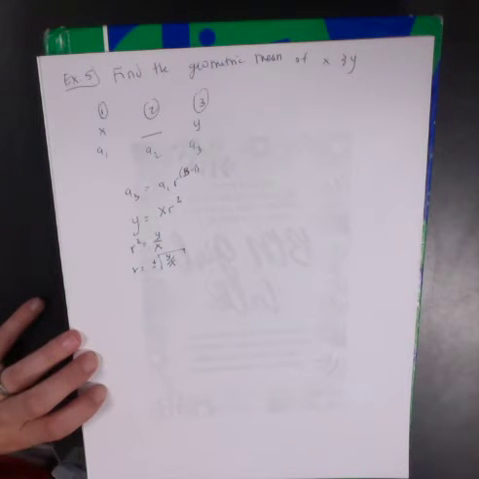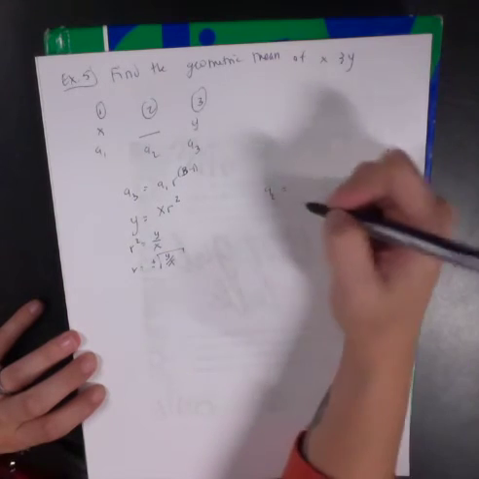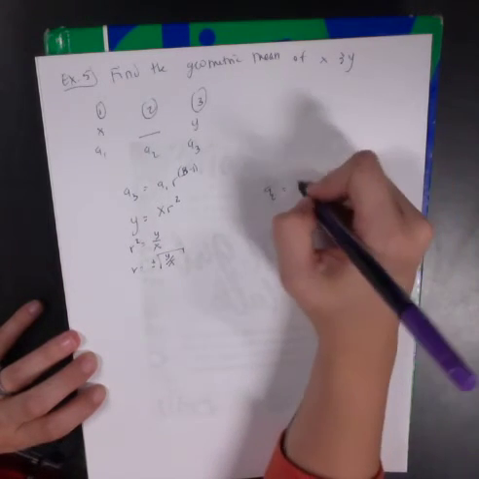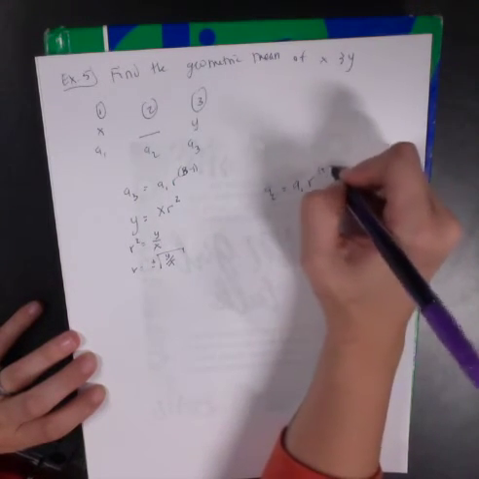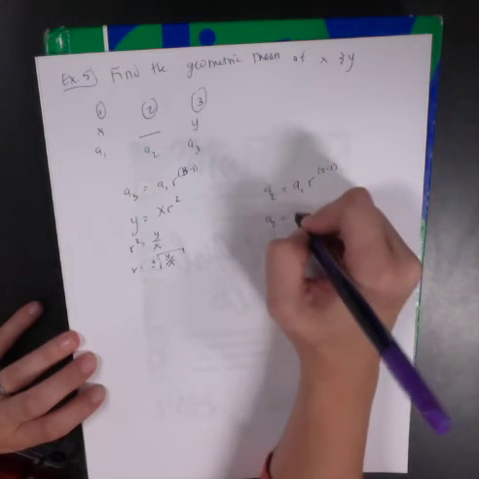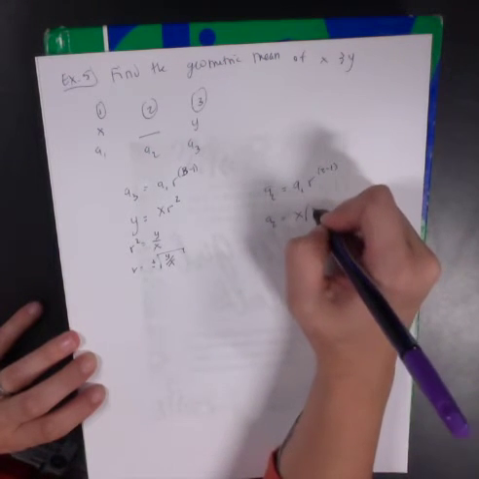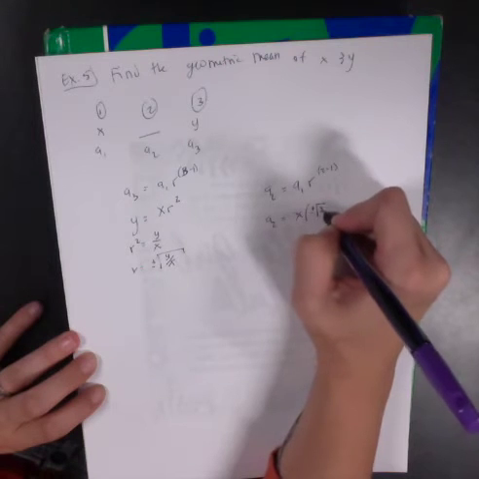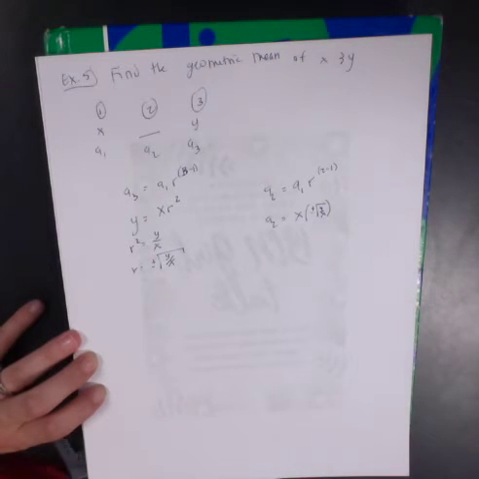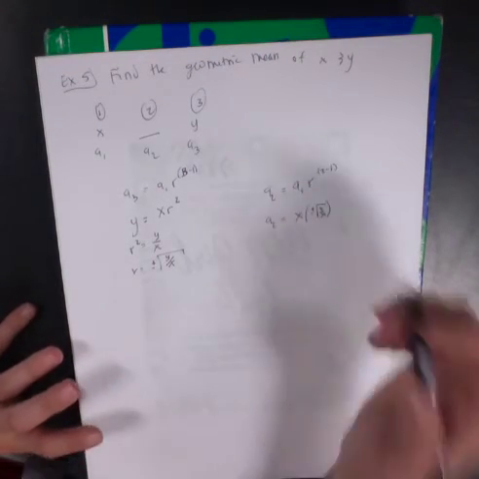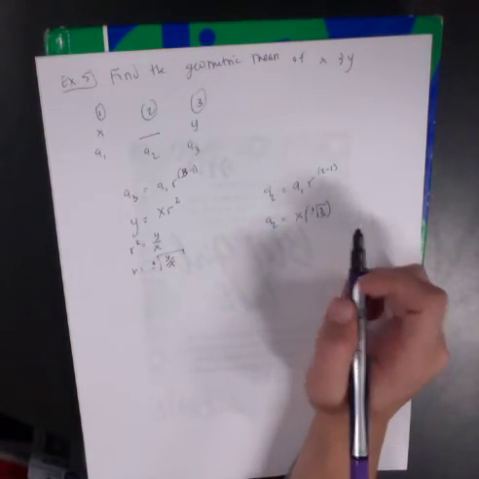Okay, so my second term, a2, is a1 r to the 2 minus 1. So a2 is x times plus or minus the square root of y over x. Okay, now I'm going to just leave the plus or minus for just a minute.